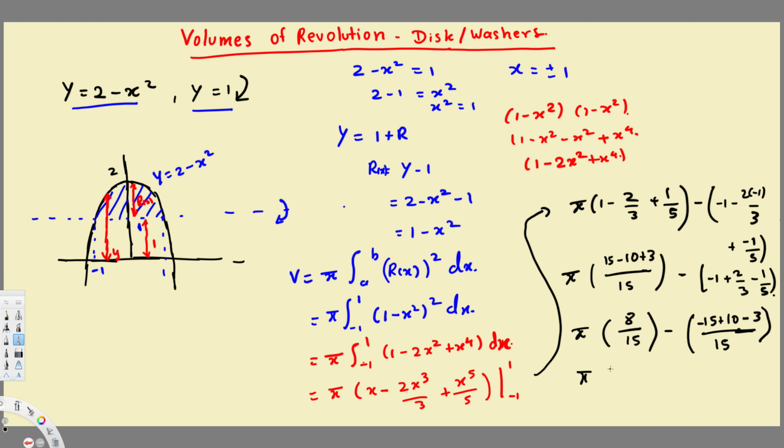So pi times 8 over 15 minus, and here we have minus 15 plus 10 is going to be minus 5, minus 5 minus 3 is minus 8. So minus 8 over 15. And we have a minus sign right here, so minus minus becomes plus. So it means 8 plus 8 over 15, times pi. That's basically 16 pi over 15.